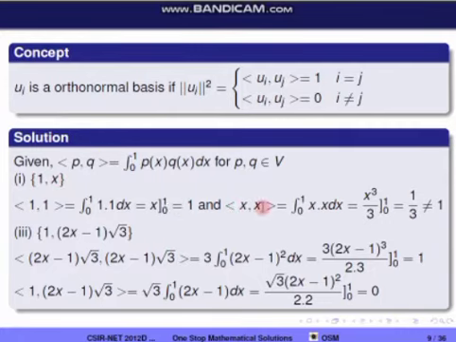Inner product of x and x is equal to the integral from 0 to 1 of x times x dx, which is the integral of x squared dx, equal to x cubed by 3 within the limits 0 to 1. After applying the limits, I am getting 1 by 3, which is not equal to 1. So for vector x the norm is not equal to 1, so it is not an orthonormal basis.